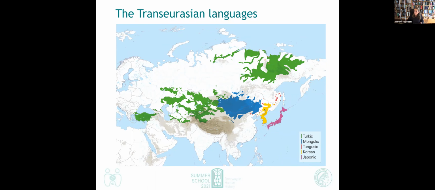Today, there's actually only one Korean language. Some people would call the dialect of Jeju also a language, but that's still debated. And then we have the Japonic languages, that is mainland Japanese as we know it. But then there are also at least 5 different Ryukyuan languages spoken on the Ryukyus.